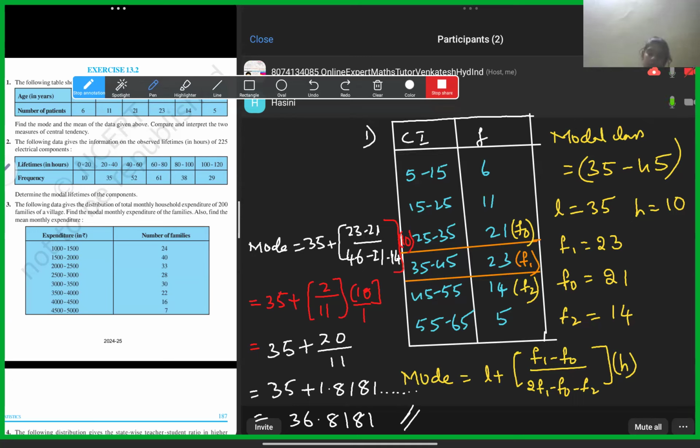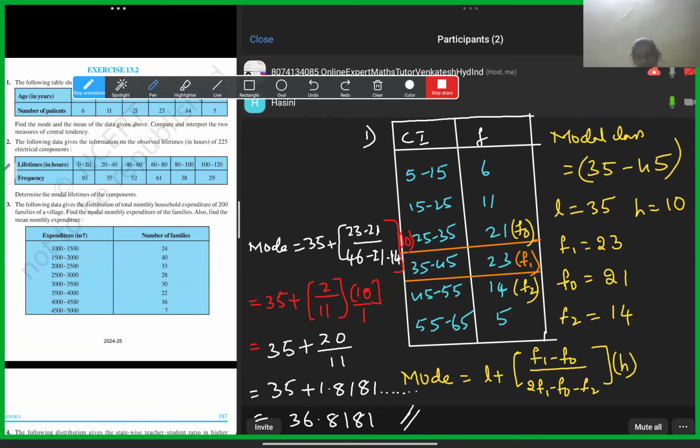Actually, they asked us to find mode and mean for this, Hasni. Mean, I think some days back you already did it. But that time, have you verified the answer with the back answer, Hasni? I don't think so, sir.